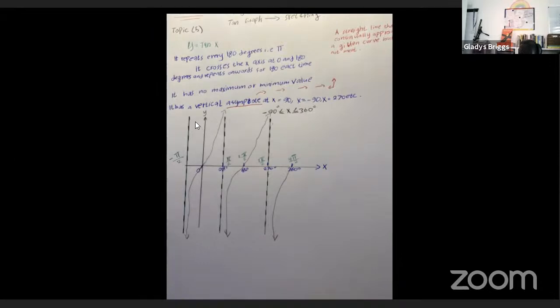Yours is looking nice. You put your asymptotes in at the end when I put mine in. Zero, 90, 180, 270, 360.